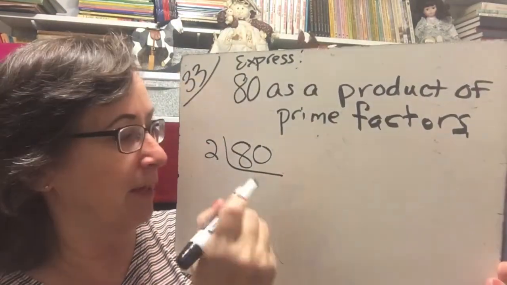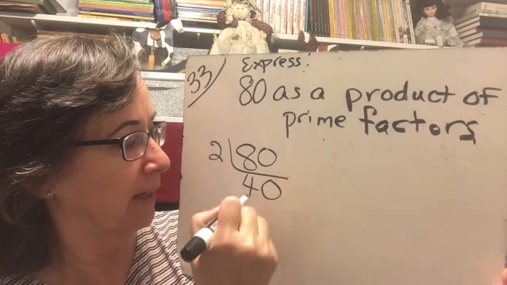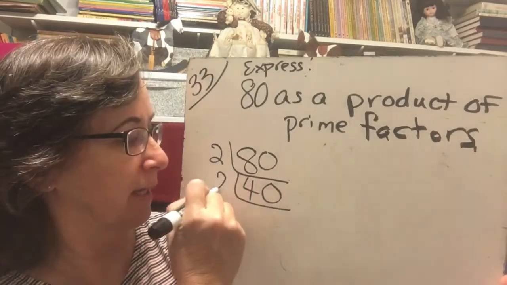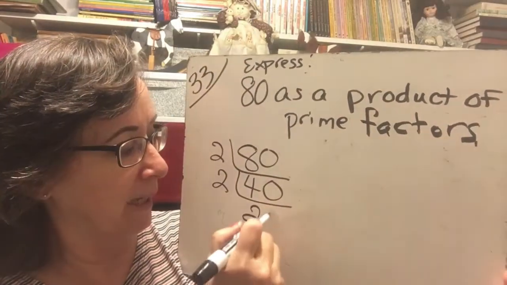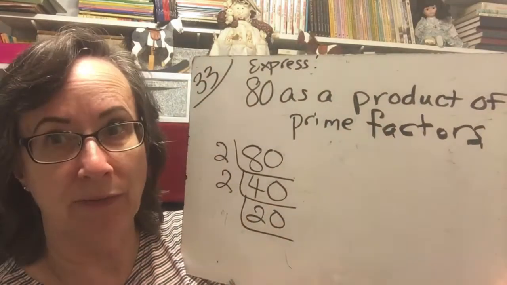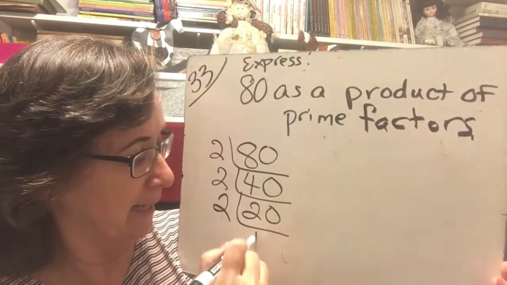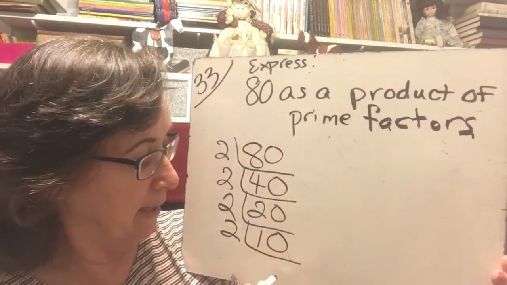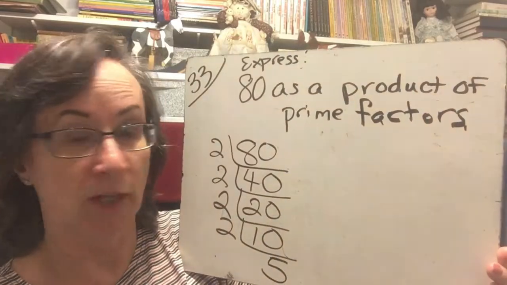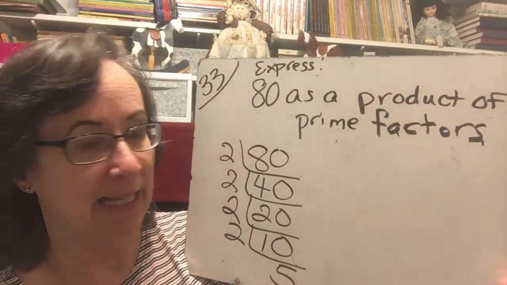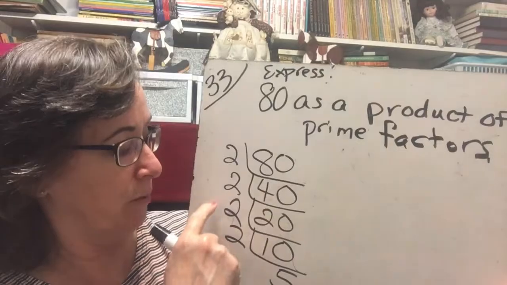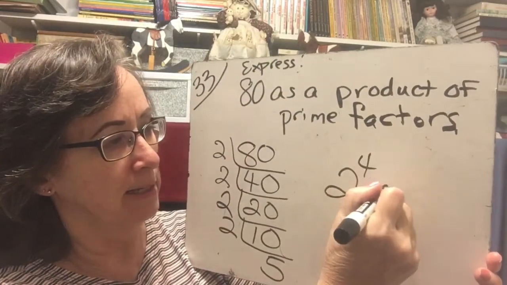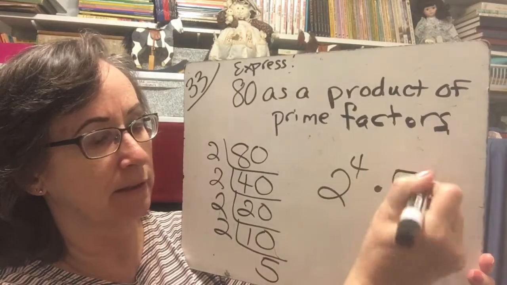And 80 divided by 2 is 40. So I'm going to divide it by 2 again because 2 goes into it evenly. And I get 20. 20 divided by 2 is 10. And 10 divided by 2 is 5. So 80 is 1, 2, 3, 4, 2 to the 4th times 5.